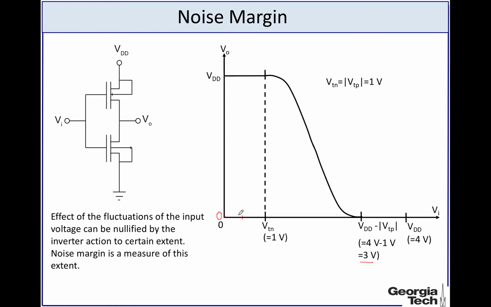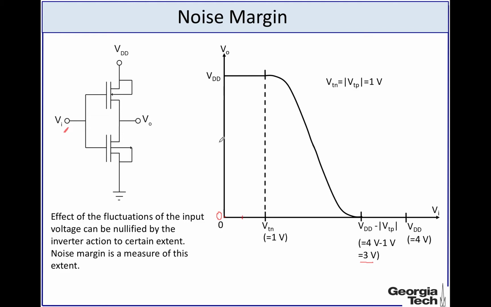Now, why would the input be not equal to 0 when it's supposed to be logic level 0? It's because there might be some unwanted noise in the input of the inverter. Similarly, why would the input be smaller than VDD when it's supposed to be equal to VDD? Meaning, why should the voltage level at the input be different from VDD when it's supposed to be a logic level 1?